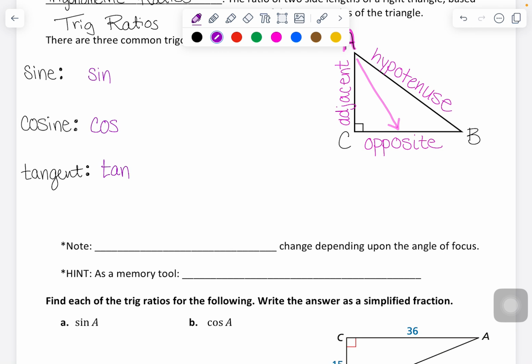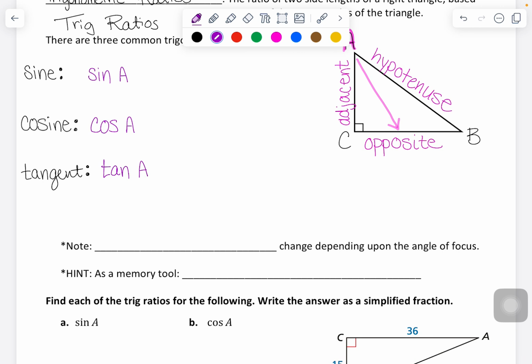They are sine, cosine, and tangent, and that's how I'll refer to them. Now, in order to make these ratios and to make them work, they all go back to that fact that you have that angle that you're focusing in on. So after you write the three-letter name, sine, cosine, or tangent, immediately after that has to go an angle. In this case, we're focusing in on angle A. If I knew the measurement of angle A, for example, if I knew angle A was 20 degrees, I would put 20 right there.